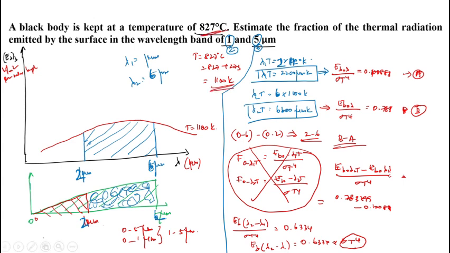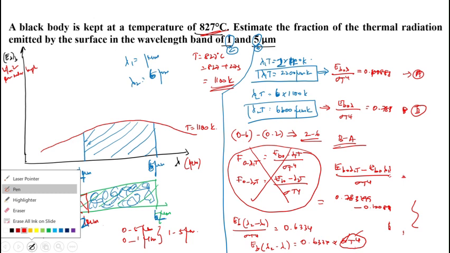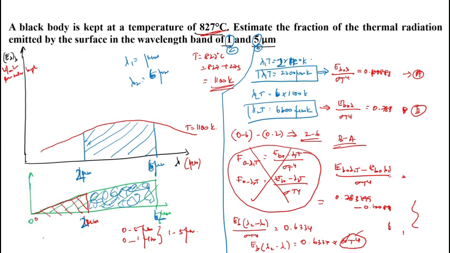After substituting sigma and T to the 4 in the equation, we get the radiation from lambda 2 to lambda 1, which is around 35.9 kilowatt per meter square.